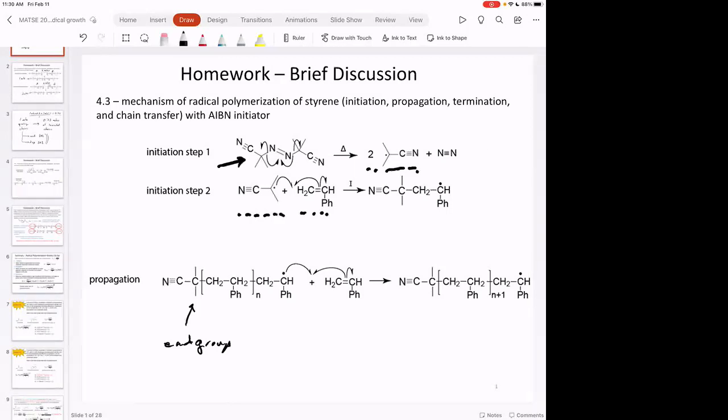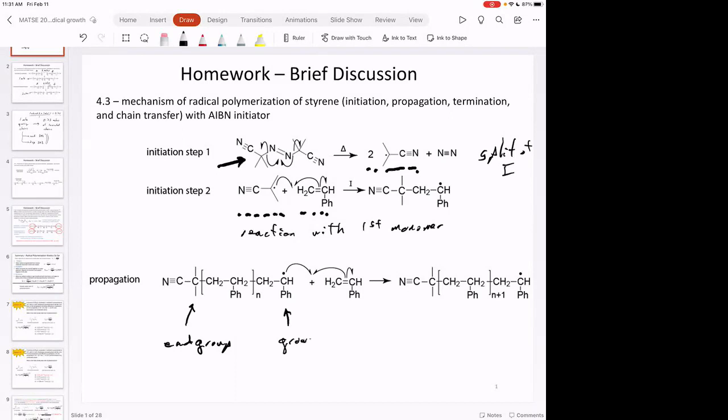This is the split of I, and this is the reaction with the first monomer. Okay, that's important. But the AIBN fragment is the end group of a growing chain.